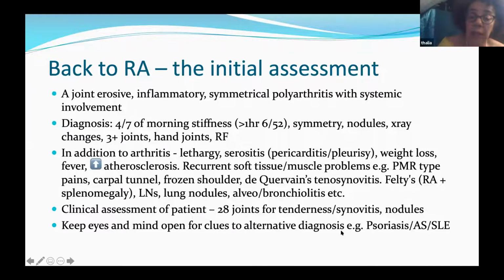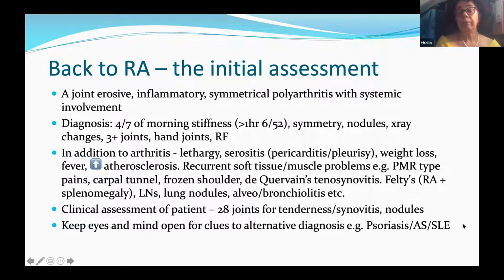So it can be polymyalgia rheumatica as a first presentation that progresses. The clinical assessment of the patient is the DAS28 score, which means that there are 28 joints that are assessed for tenderness and swelling. And the differential will be psoriatic arthritis, ankylosing spondylitis, and SLE, of course.